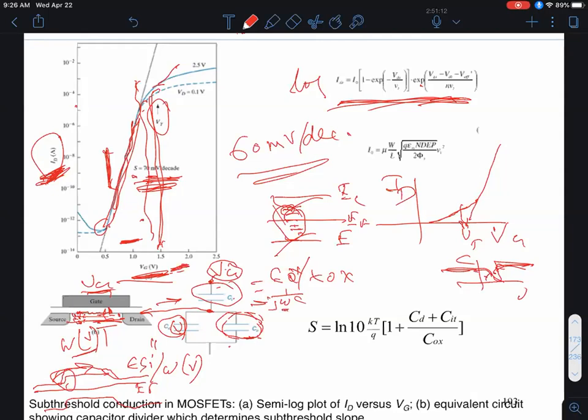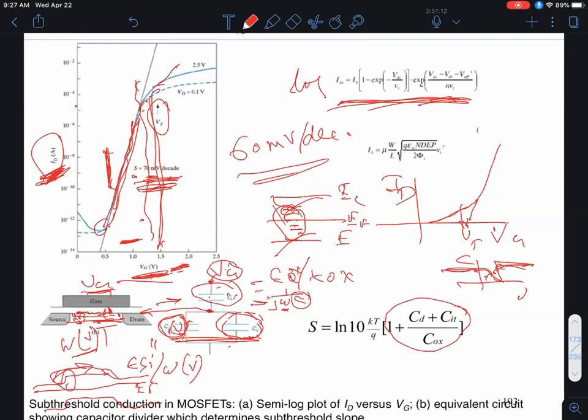Here, of course, we're looking at DC, so it's basically proportional to 1 over C. So you do the voltage divider based on 1 over Cox, or Ci, and this is 1 over CD plus Ci, because these are in series. That equivalent capacitance ratio will give you this term over here. I'm not going to go through the algebra, it's trivial. I want you to do that on your own at your leisure.